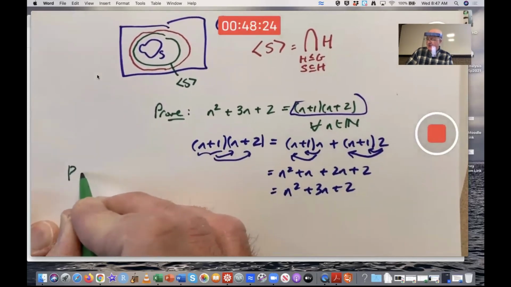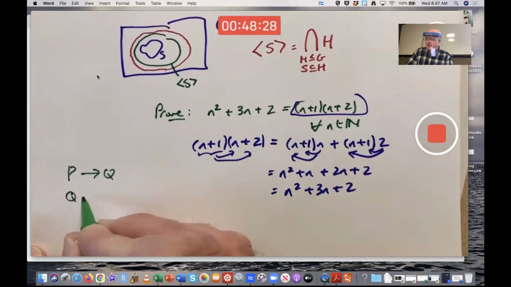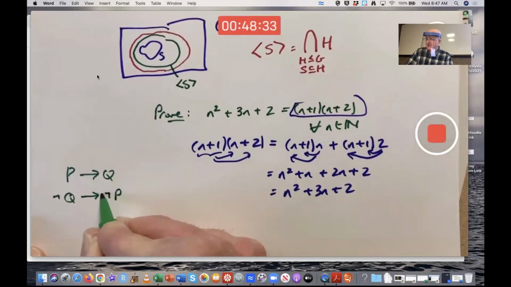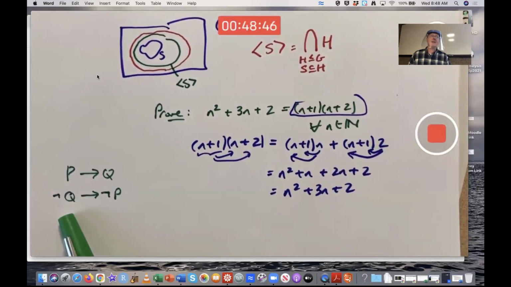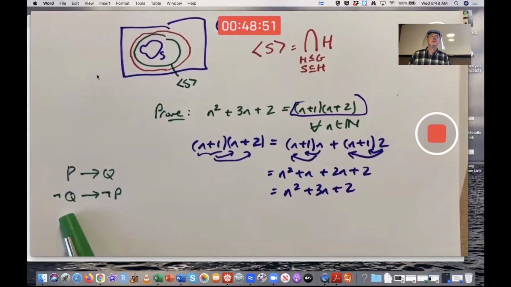An implication, P implies Q, is equivalent to its contrapositive, not Q implies not P. And so you start a proof by contrapositive in the same kind of way you start a proof by contradiction. You start by assuming not Q is true. That something's not unique, for example, that there's at least two elements. In a proof by contradiction, you try to use that to get a contradiction, like 1 equals 2.